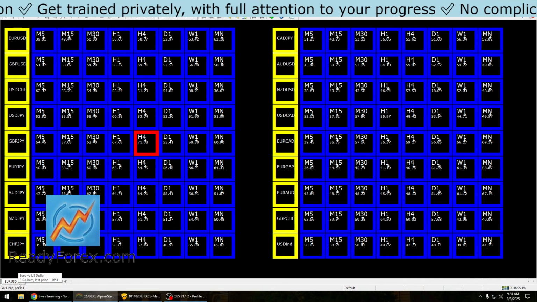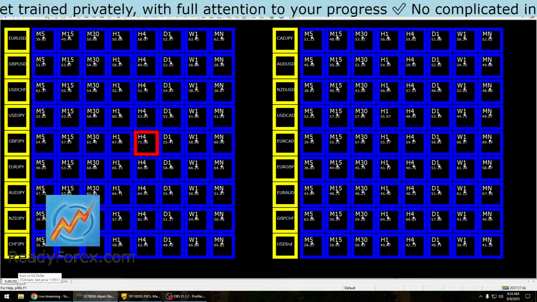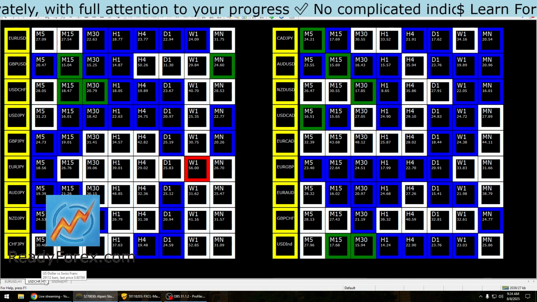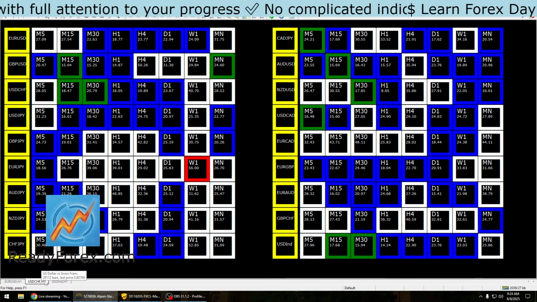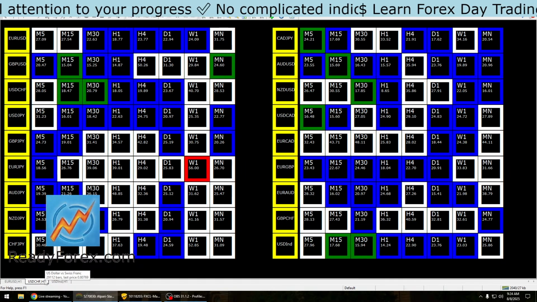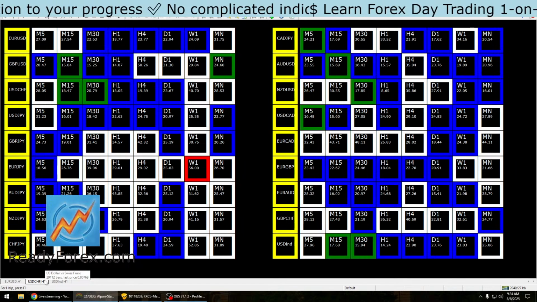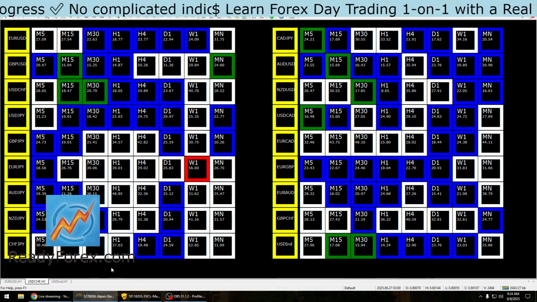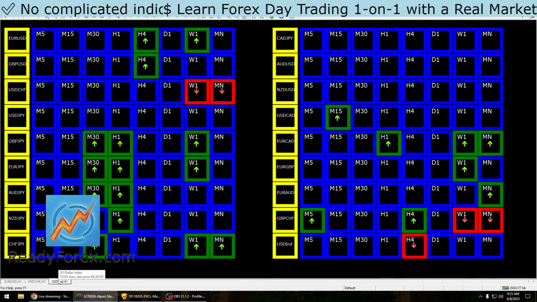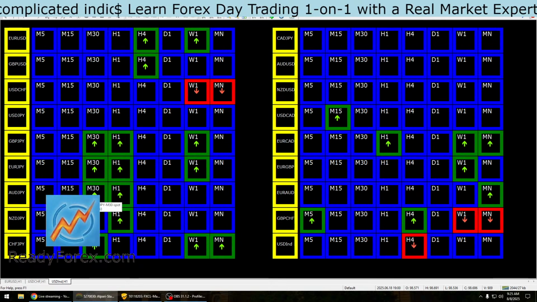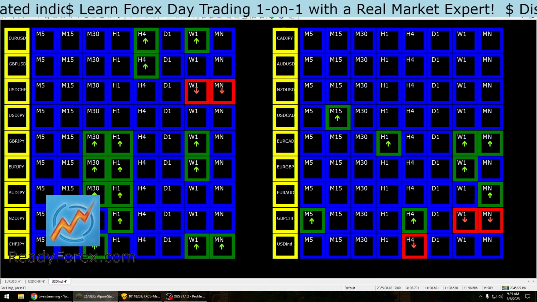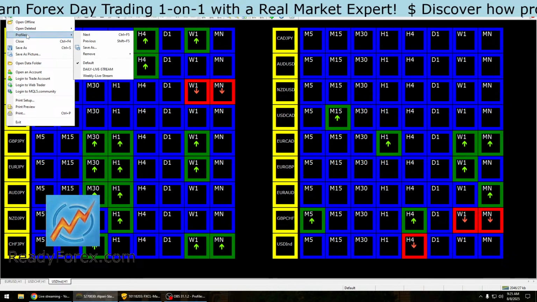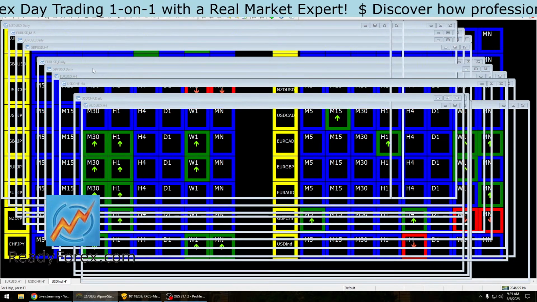Okay, and over here AUDJPY. So it seems to me the AUDJPY is setting up a nice buy over here. Let's check out the Euro Yen as well.